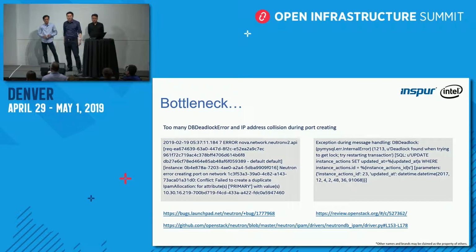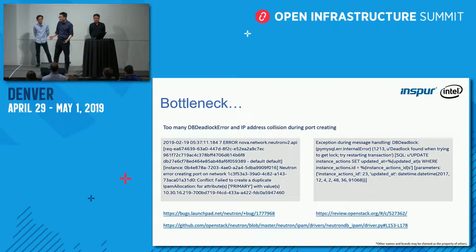Of course, we encountered several bottlenecks during our test, such as DB deadlock and IP allocation collision problem. Here is an example of how we debugged the IP collision problem and collaborated with the community.